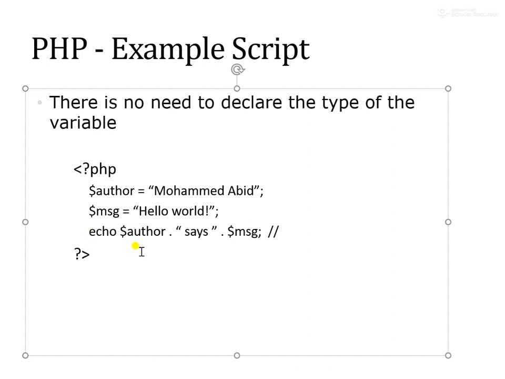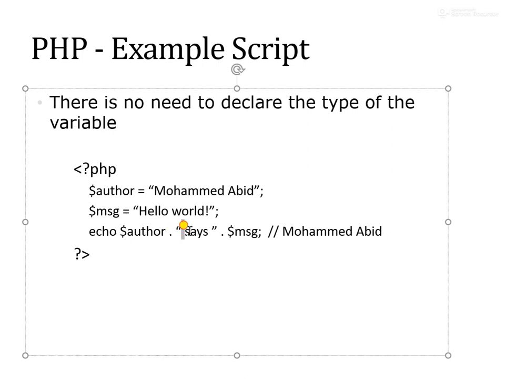Okay, author. What is the value of author? Muhammad Abid. So it will be like this, Muhammad Abid. Then dot. Dot is an operator that is used to concatenate strings. Concatenate means append.